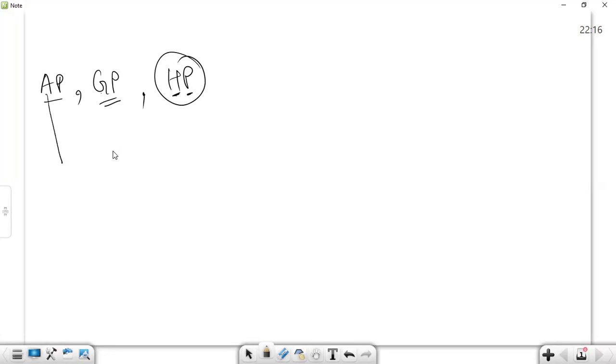Okay, so as we have discussed arithmetic progression and geometric progression in earlier classes, what we are going to discuss today is harmonic progression. Observe the words arithmetic, geometric, harmonic.